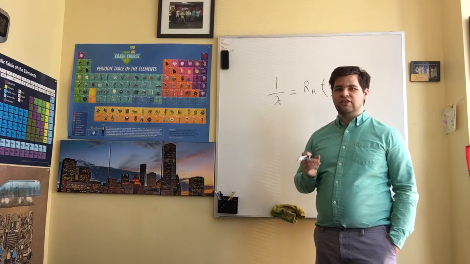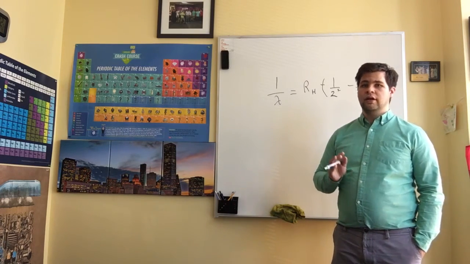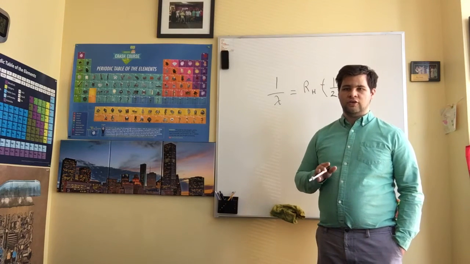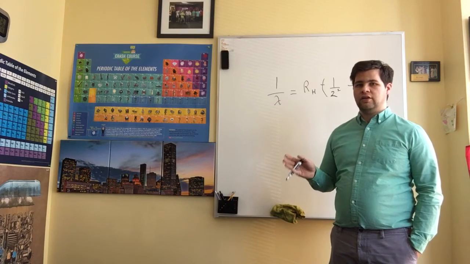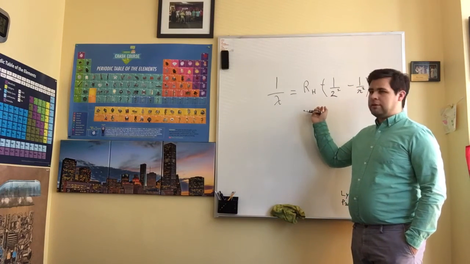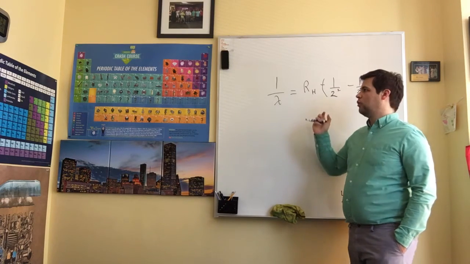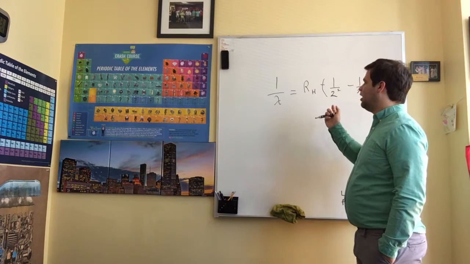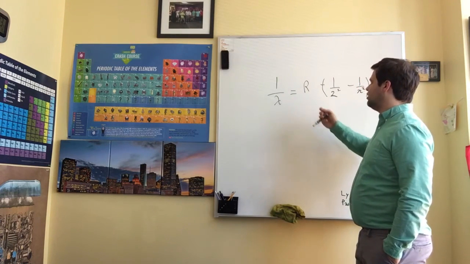He was a mathematician in the 1800s, primarily taught school to girls, and also taught at the University of Basel. But he was primarily a mathematician, and he did come up with this empirical formula which describes the emission lines for hydrogen.